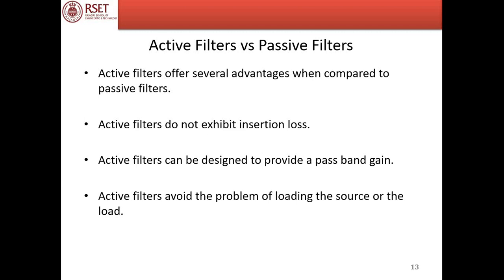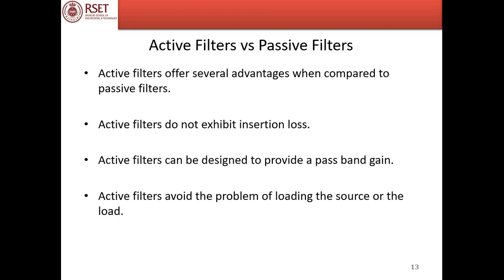Another major advantage is that active filters do not have the problem of loading the source or the load. That is, consider the case where you implement an active filter using an op-amp. The basic feature of an op-amp is that it has a very high impedance at the input, which is ideally infinity, and a very low impedance at the output, which is ideally 0.